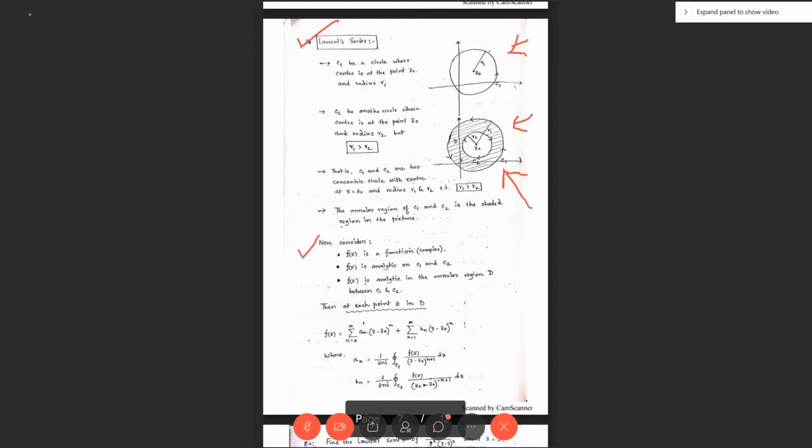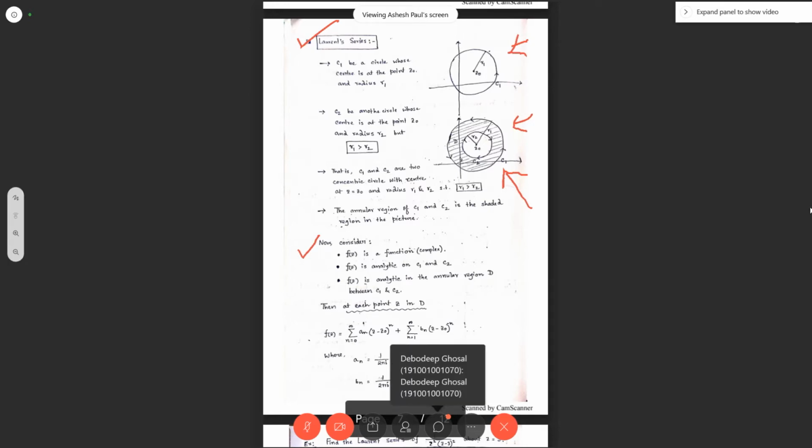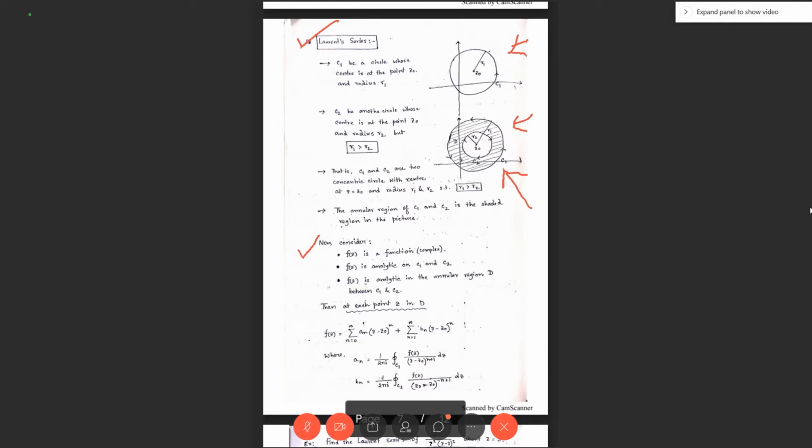I have a doubt: what is this annular region, and what is the advantage of it? If you consider a CD disk, the plane of the CD disk is the annular region. There is a circle and a center. You can visualize it like a CD disk or a bangle. Tell me why it is called the annular region, what is the reason?